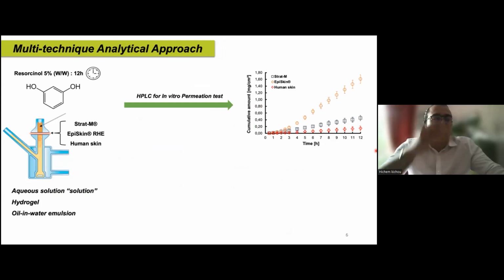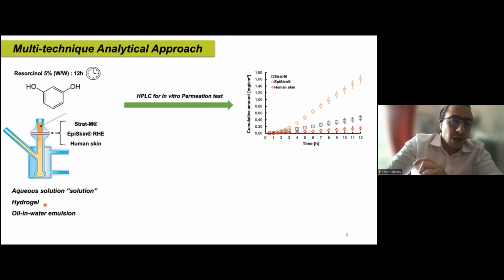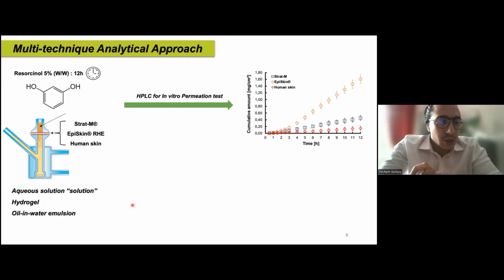For this purpose, a methodology was developed, including first an IVPT permeation test using Franz cells. These skin models were exposed to 5% weight of resorcinol formulated in aqueous solution, hydrogel, and oil-in-water emulsion. The permeated amount was quantified by HPLC in order to compare the permeability and the formulation effect on the skin models.